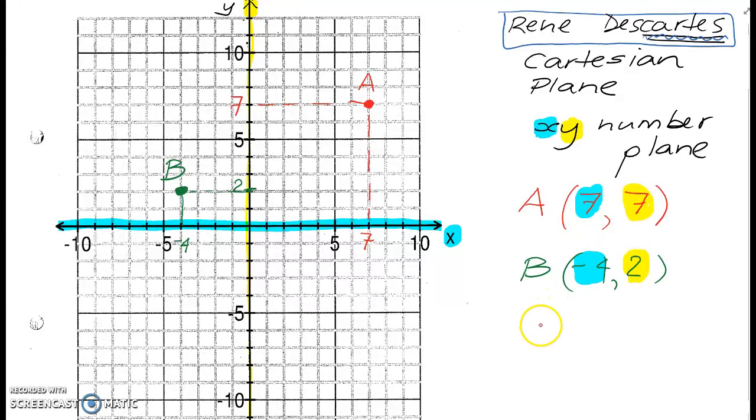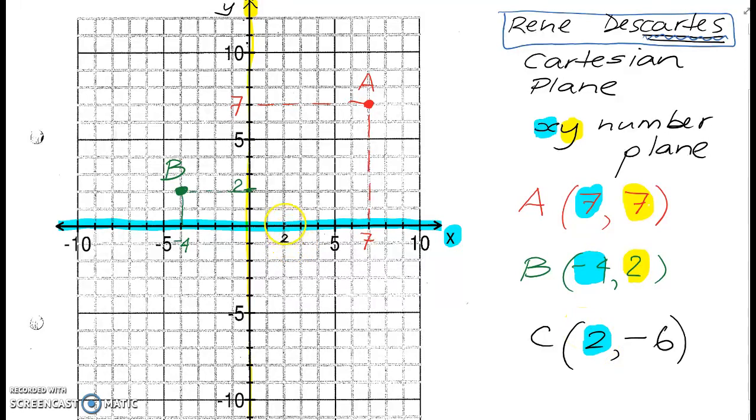So let's go C. I'm going to say that there's a point at 2, -6. Now where would that be? All right, how do I plot point C? So I'm going to go along the X first. I'm going to find where 2 is.